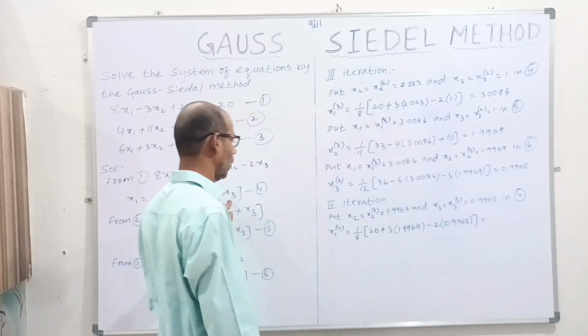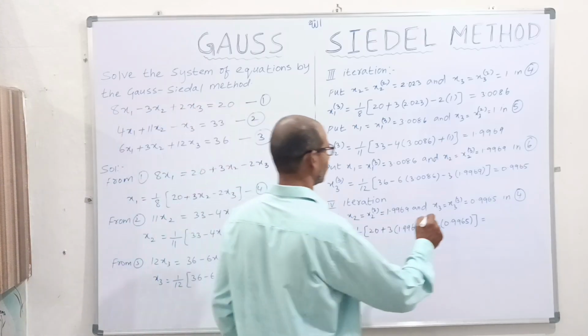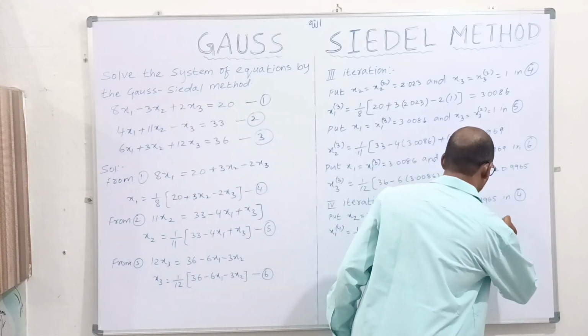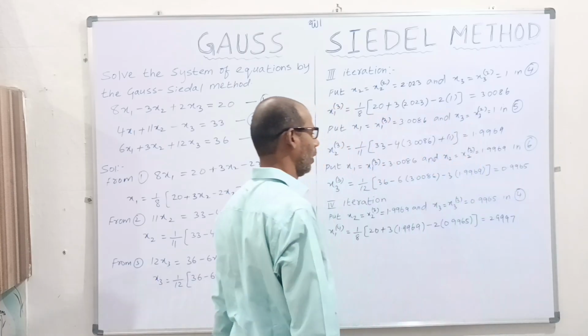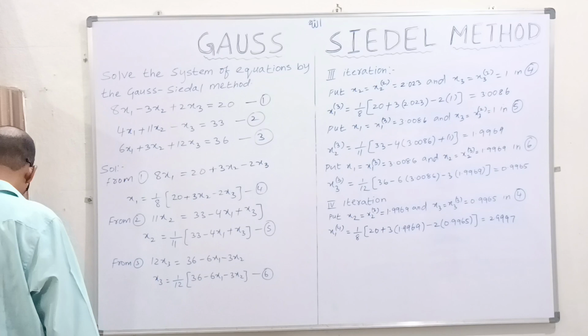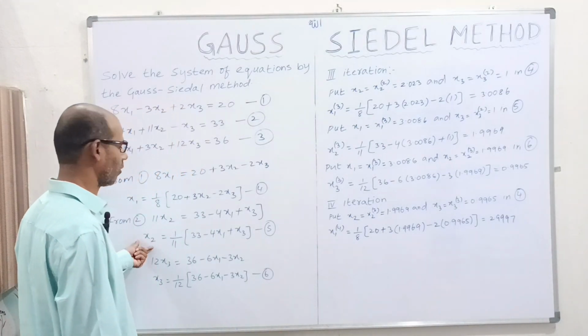Bracket close. On simplifying this, we will get the value as 2.9997, right?